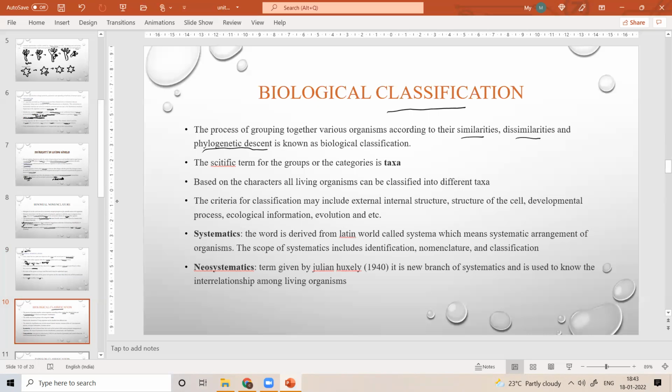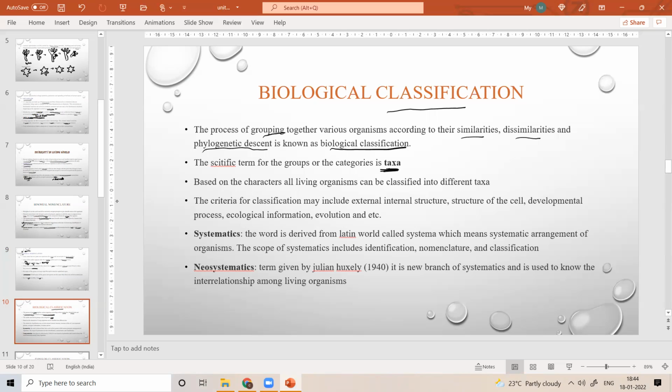So considering these things, we generally make groups of organisms based on their similarities, and this is called biological classification. The scientific term for groups or categories is taxa. Taxa is nothing but a group of organisms which share similar characters.